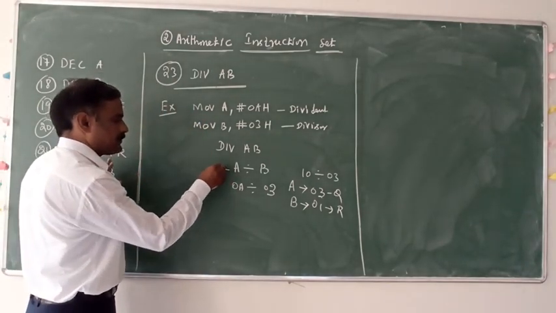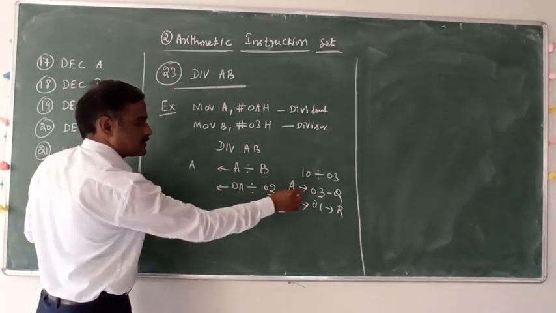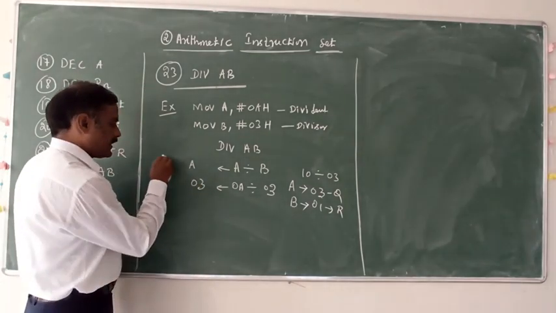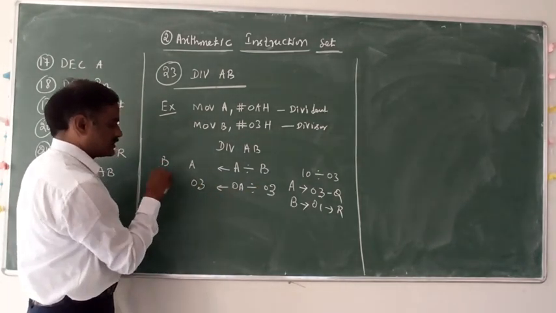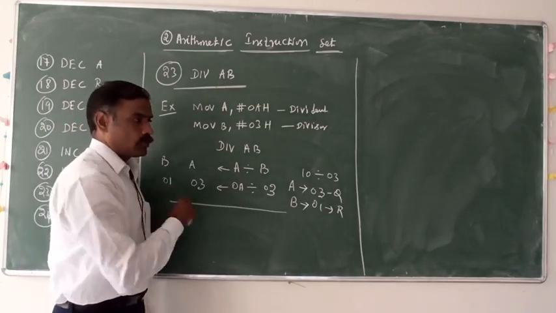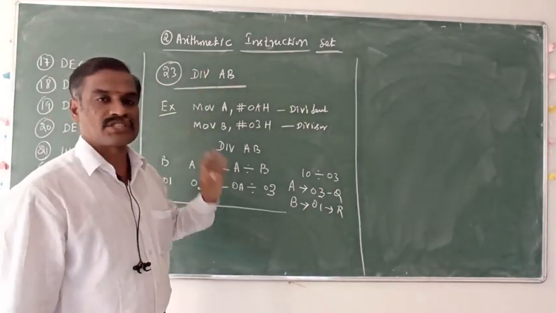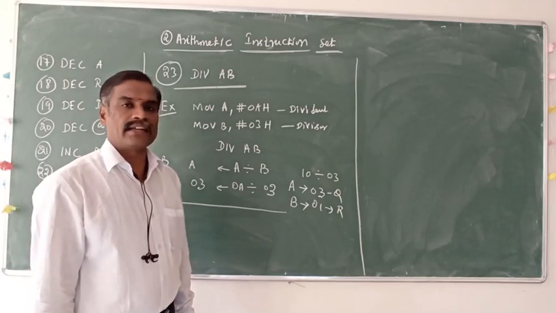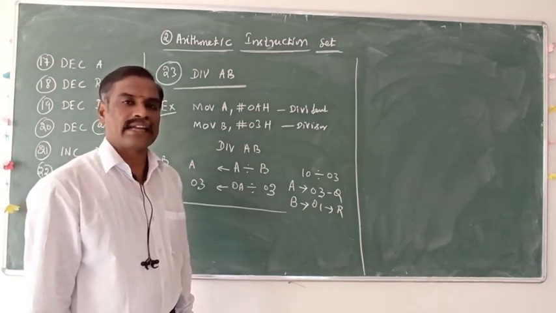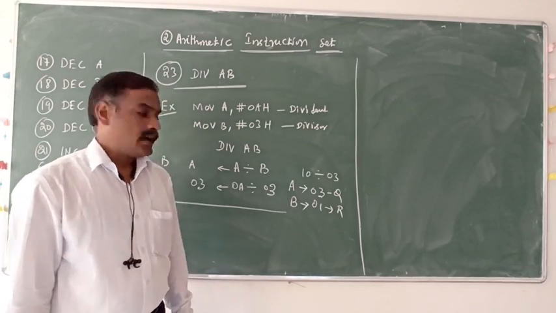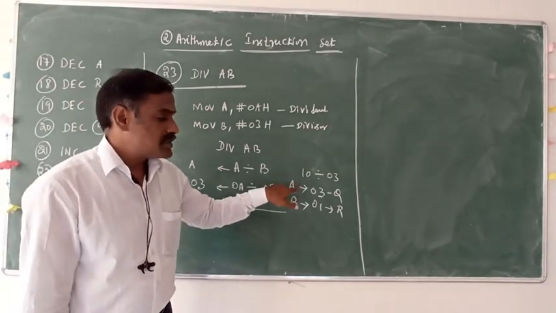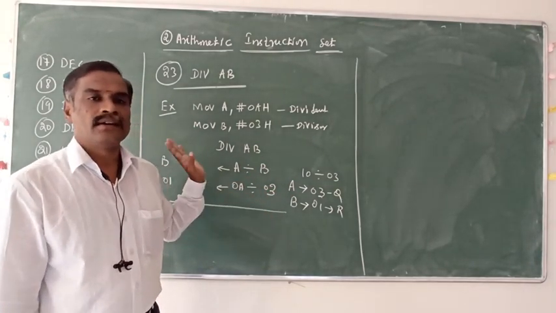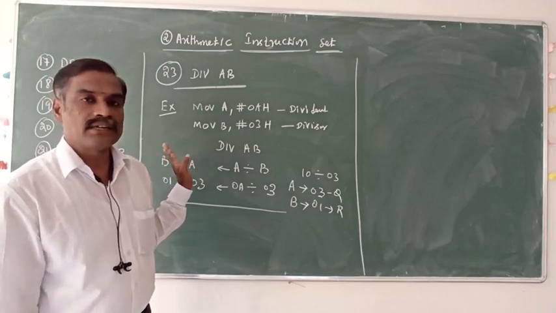Now the result in A register, the number of times of division, that is quotient 03, and B register remainder 01 will be stored. For that we can use this instruction DIV AB, division of two AB data. Data 1 is always in the accumulator, the second data will be in the B register, and after division the quotient result is always in the accumulator and the remainder result will be available in the B register, not some other register.